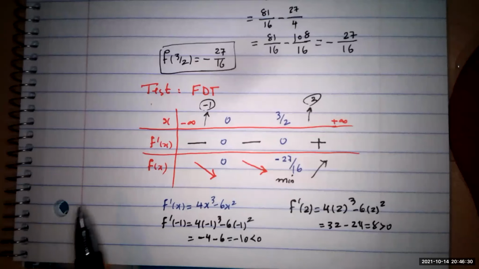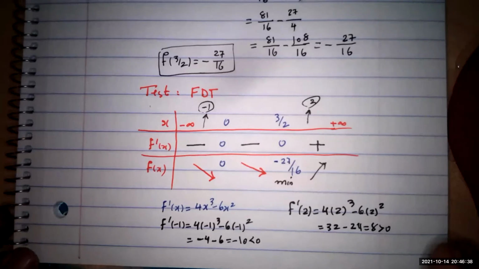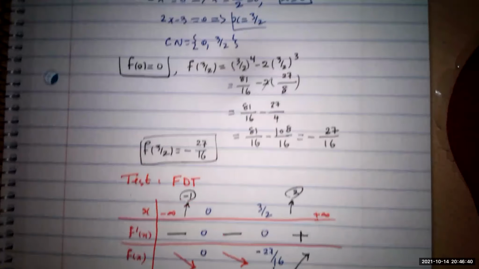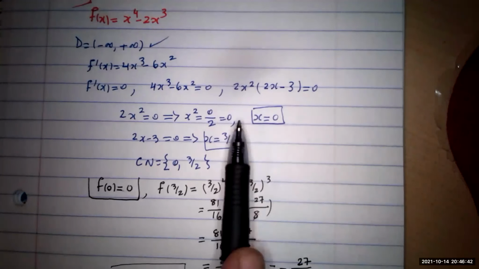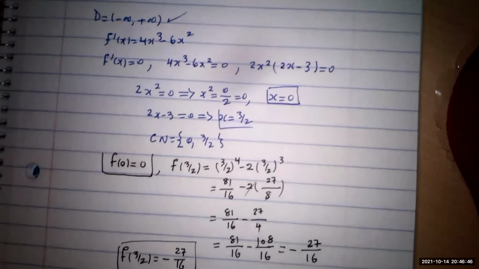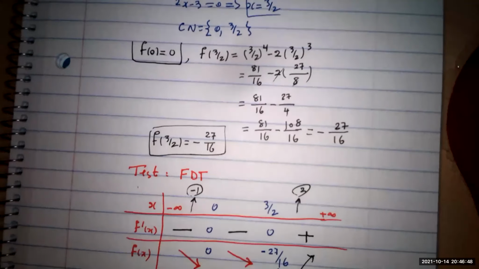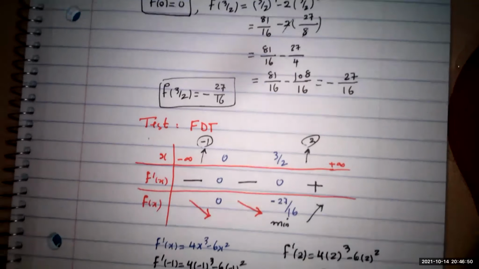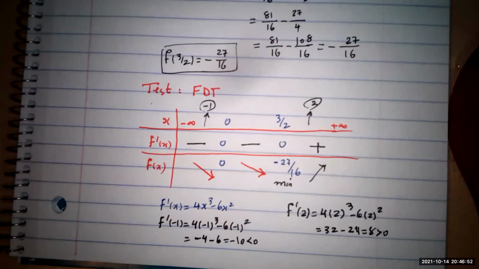A stationary point means it's a critical number, but it's not a maximum or a minimum. And it happens for the cubic function. The way we can identify it is because of this x squared. You see this x squared? X squared is always positive. So that's why around the zero, you won't have any changes in signs.